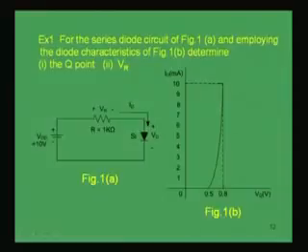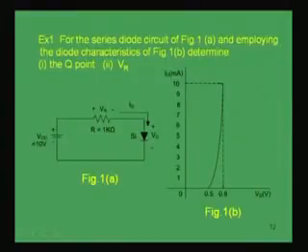You can see that after 0.5 volt the current starts to rise, and at 0.8 volt it has 10 milliampere current flowing through it. So, this characteristic curve is given to you. Now, for this circuit, employing this diode characteristic, you have to determine the Q point as well as the voltage across this resistance VR.